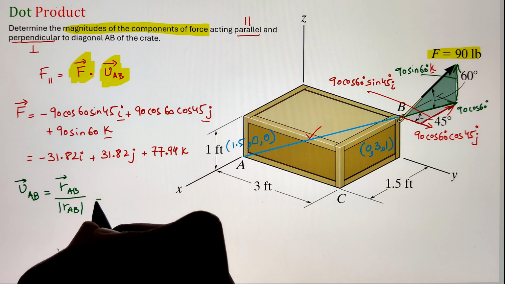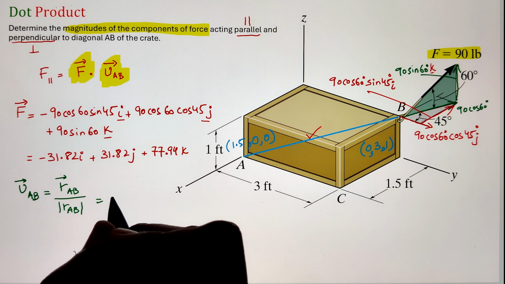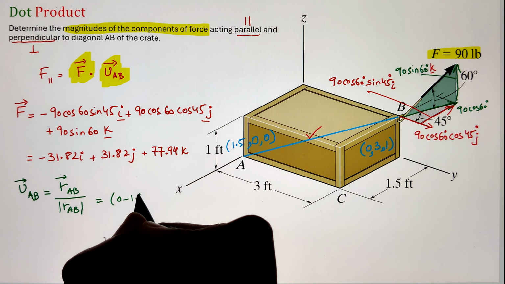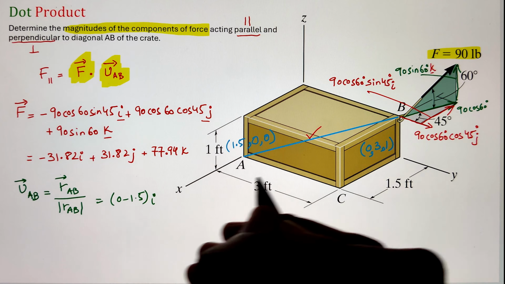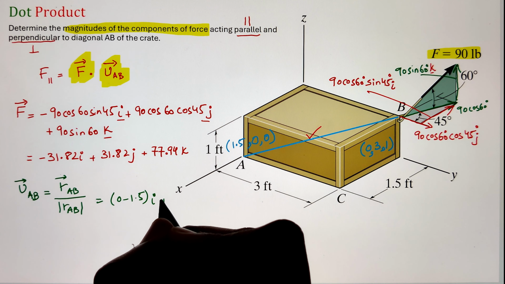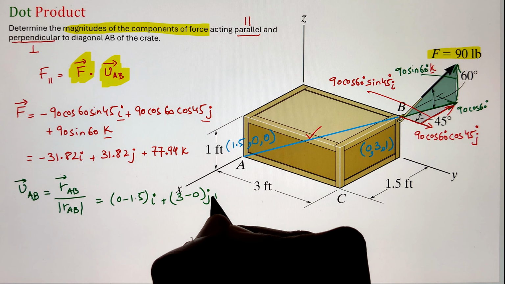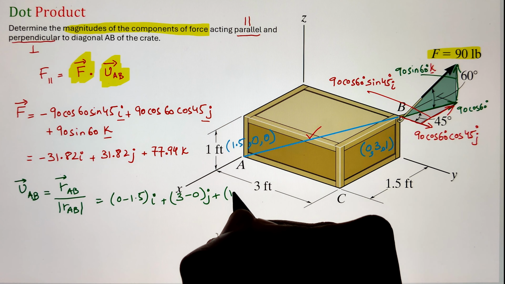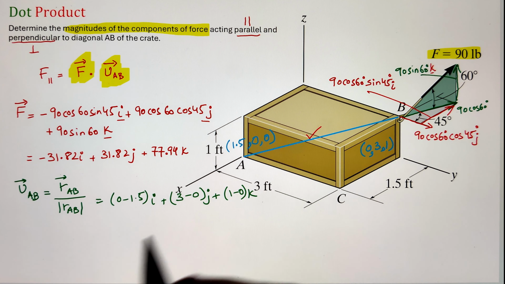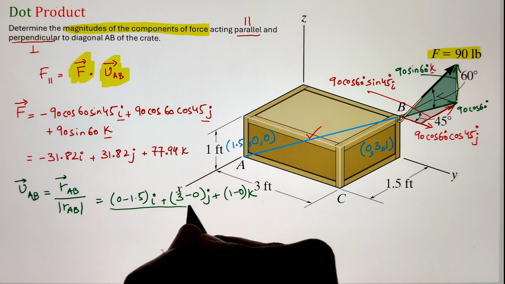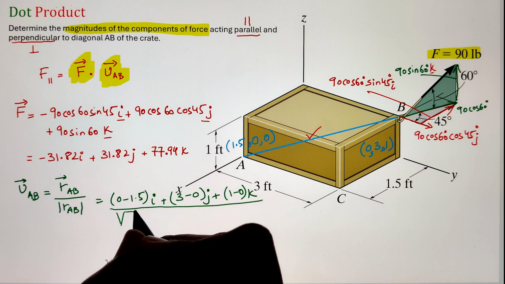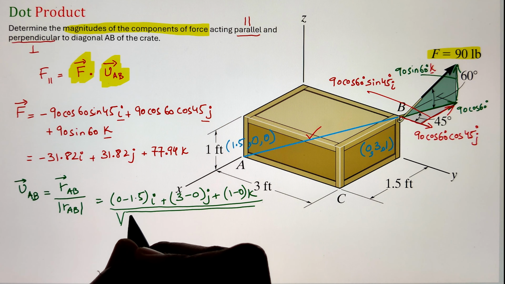Now, once we have these 2 points identified, we can write the position vector utilizing head minus tail. So the components of B minus the components of A will give us the position vector. Here it can be calculated as 0 minus 1.5i plus 3 minus 0j plus 1 minus 0k.